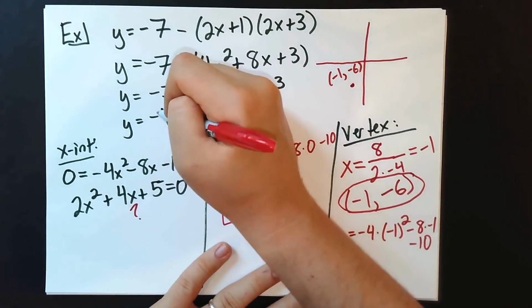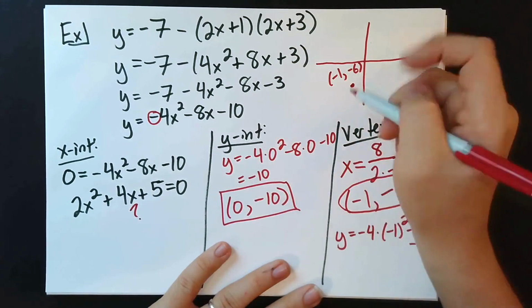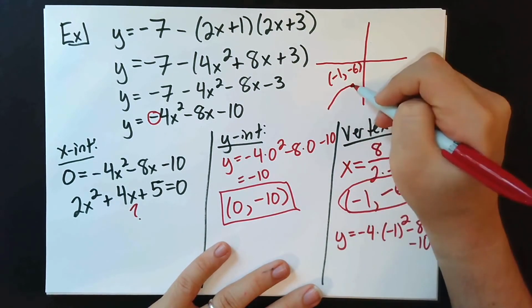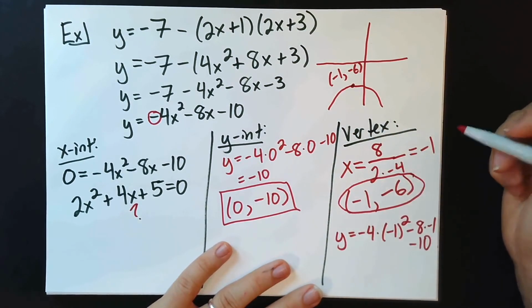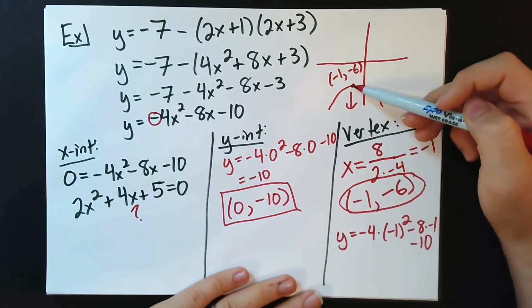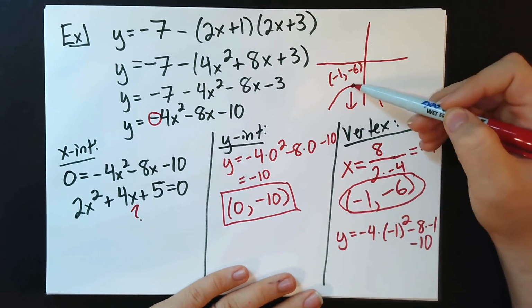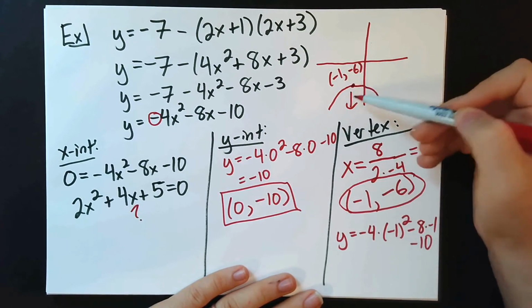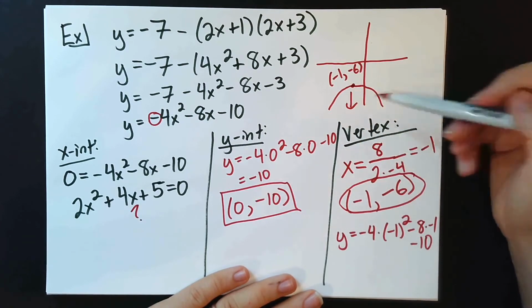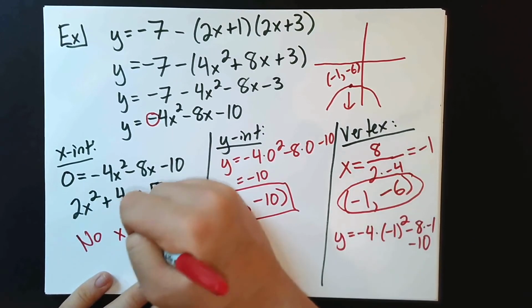Well, it points down, right, because of that minus there. And so if I imagine what that's going to look like, it's going to look like that. And so what does that actually mean about the x-intercepts? Well, this parabola starts below the x-axis, and then it points down. And so, in fact, this parabola actually has no x-intercepts.